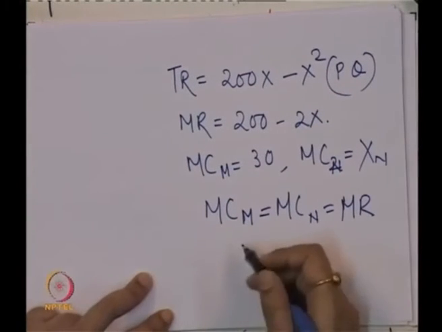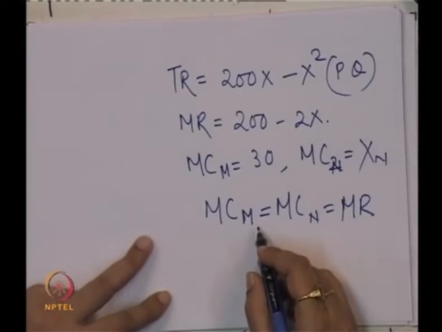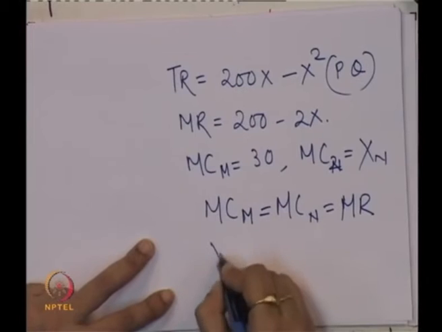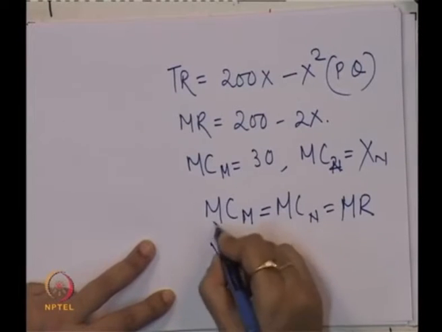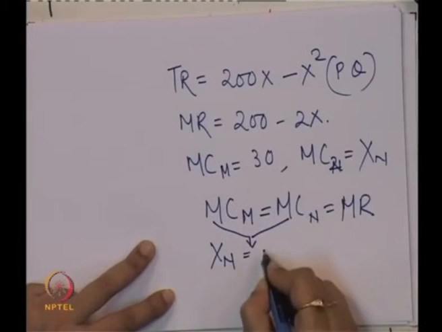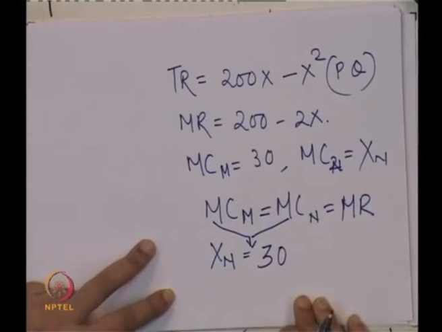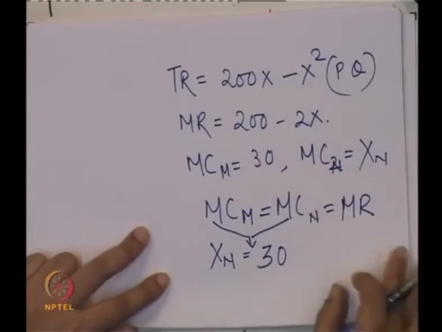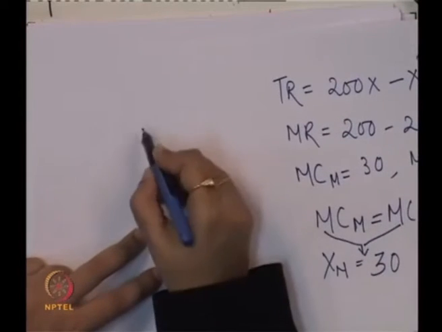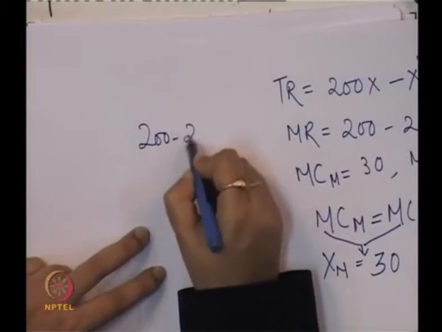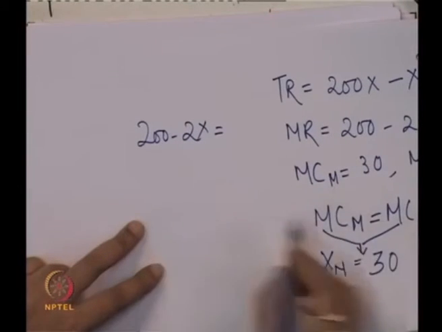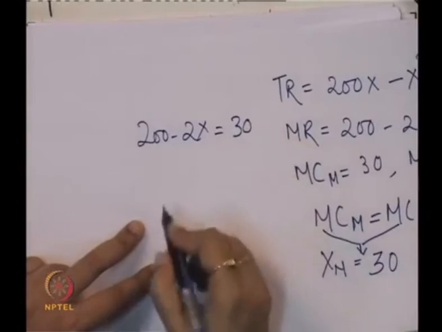When we equalize MCM and MCN, we get xN is equal to 30. And from MCM and MR: MR is 200 minus 2x, and it has to be equal to MCM, that is 30.